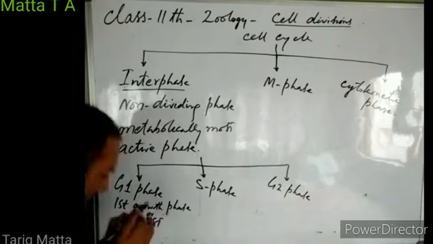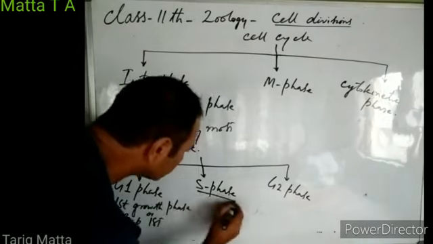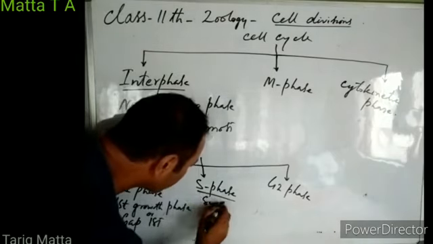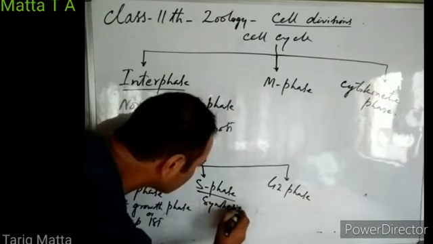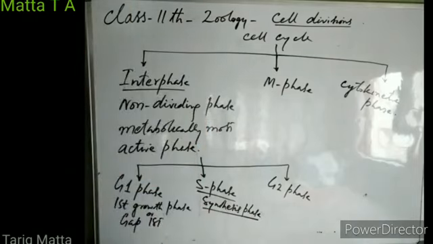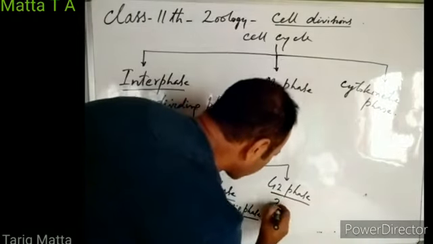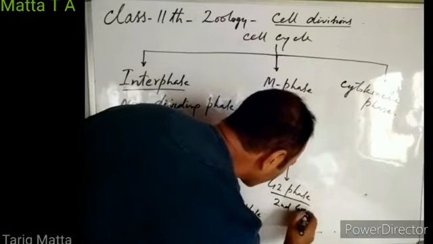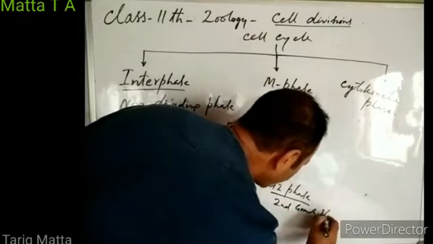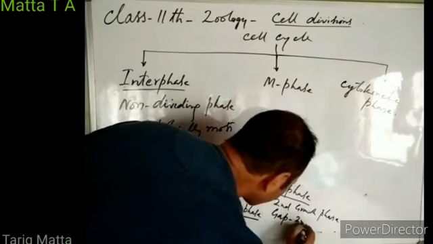S phase is known as the synthesis phase, because in this phase there is synthesis of new DNA. And G2 phase is known as the second growth phase, or the gap second phase.